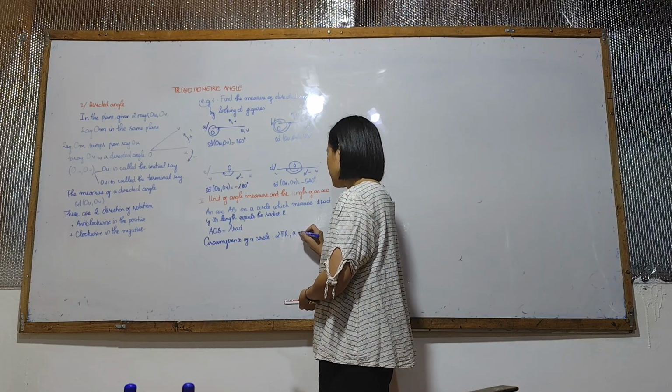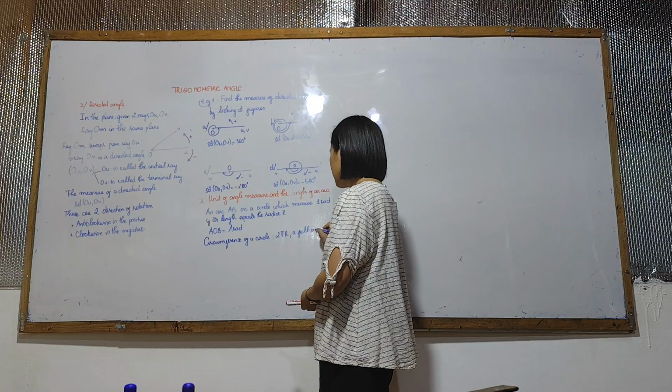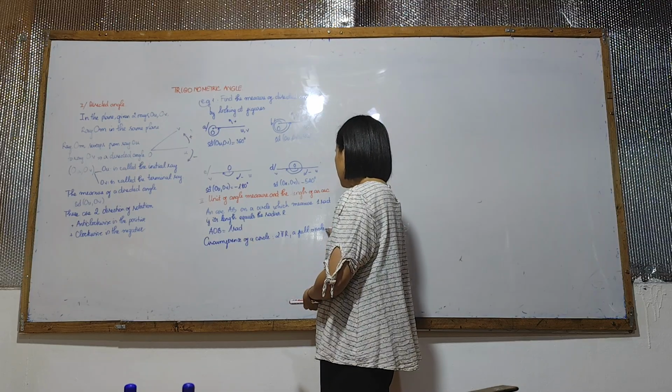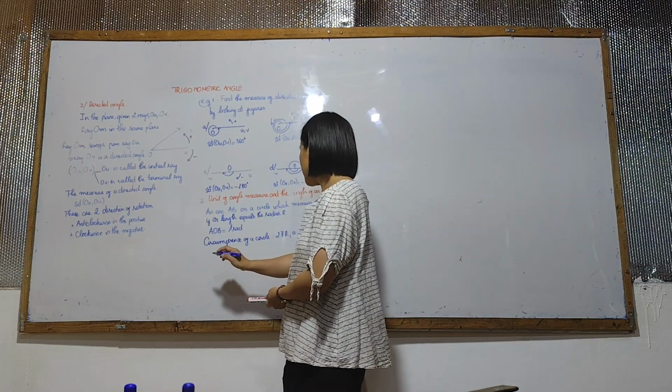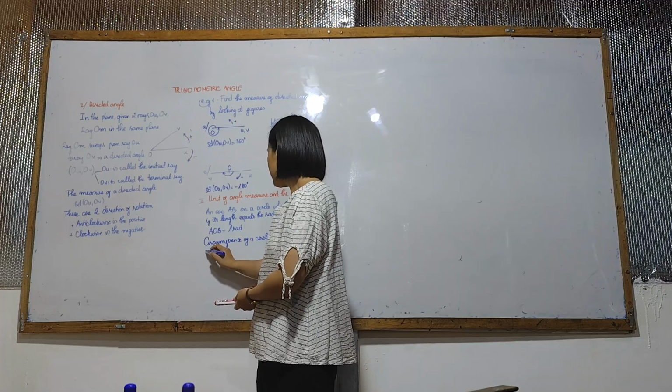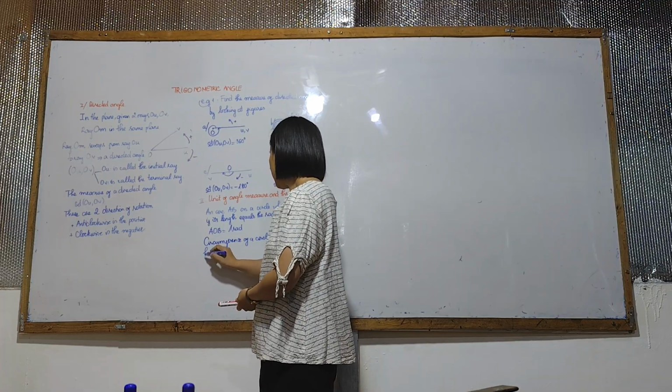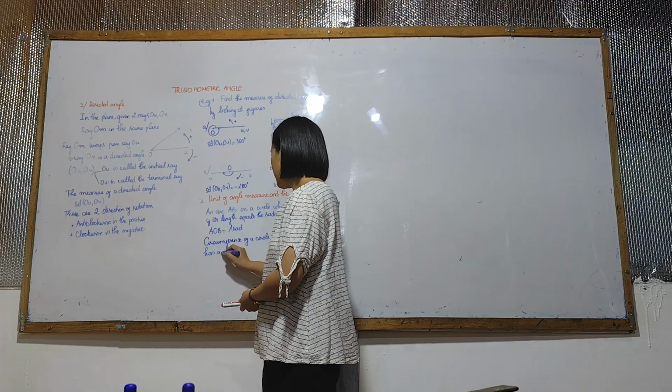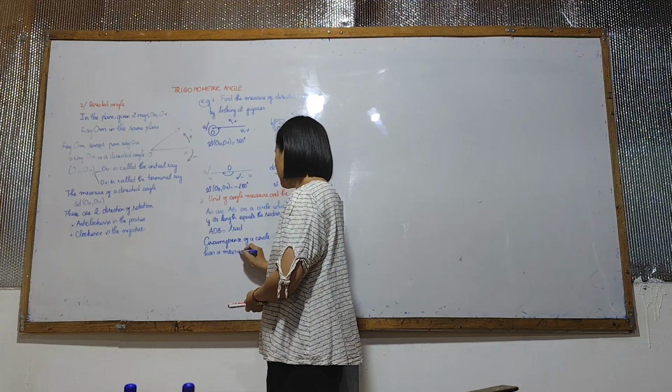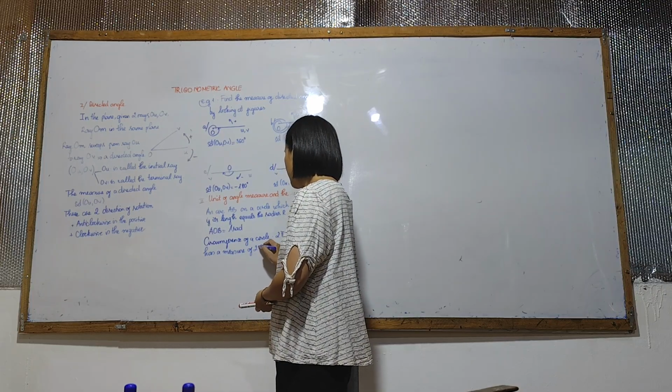Then a full circle has a measure of 2pi.